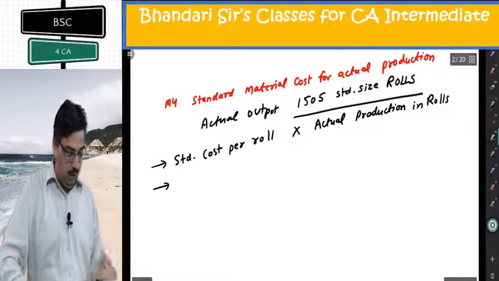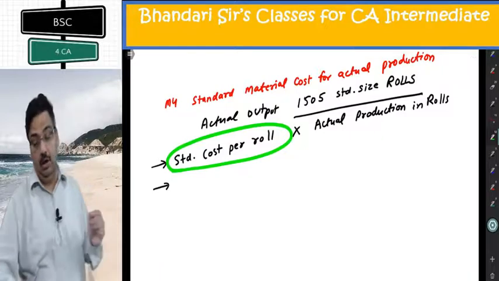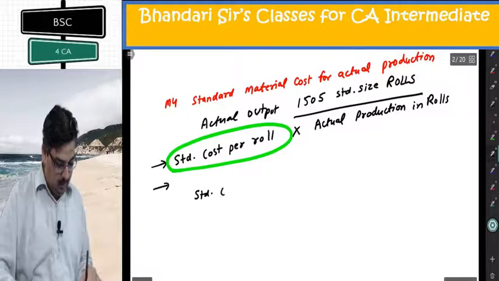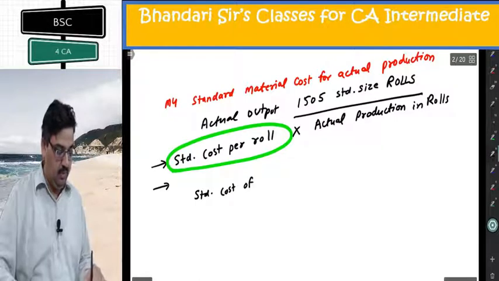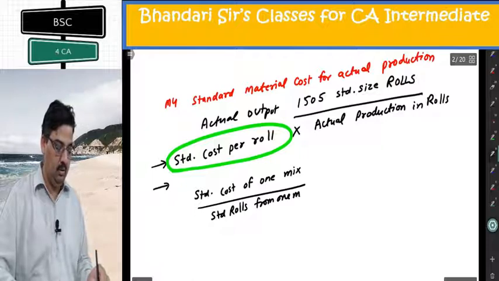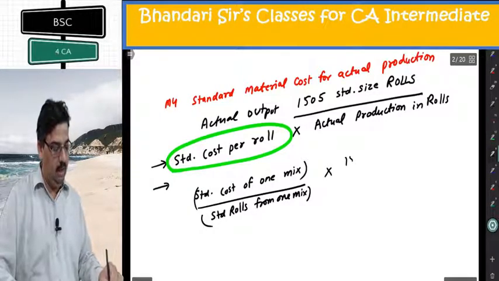Now you need to focus on computing this standard cost per roll. Standard cost of one mix divided by standard rolls from one mix multiplied by 1505 rolls.